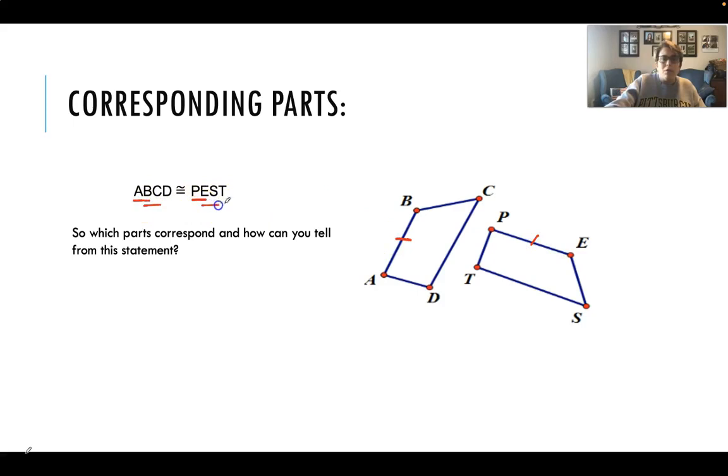BC will be congruent to ES. CD is congruent to ST. And by default, we can probably figure out that AD is congruent to PT. But if you look, AD is congruent to PT.